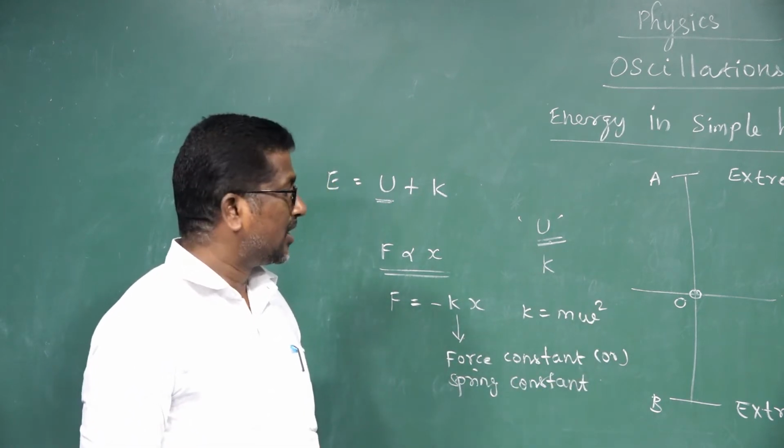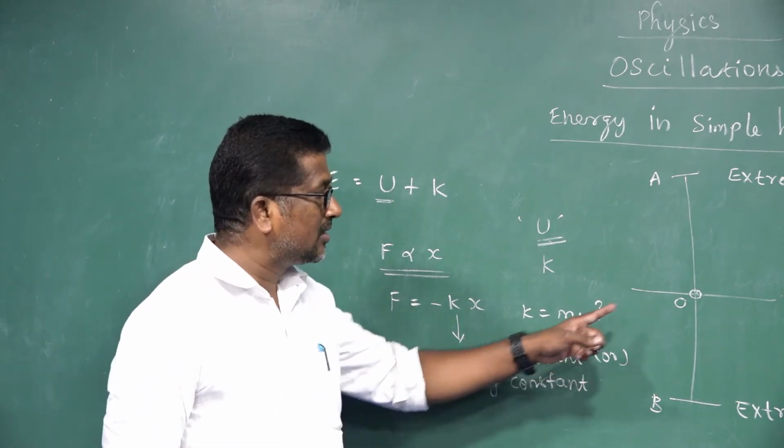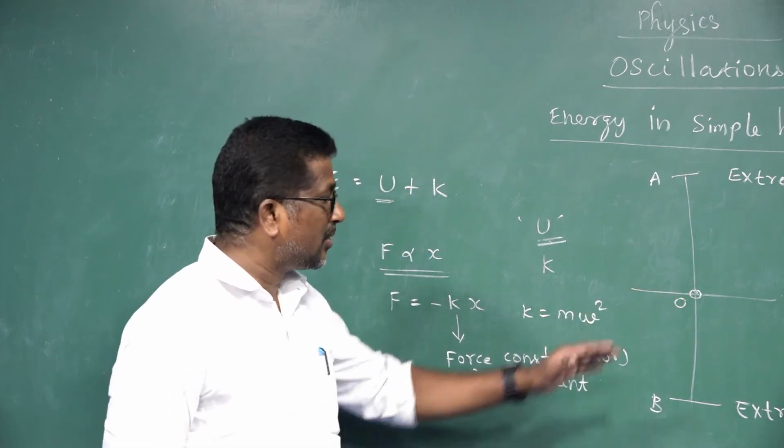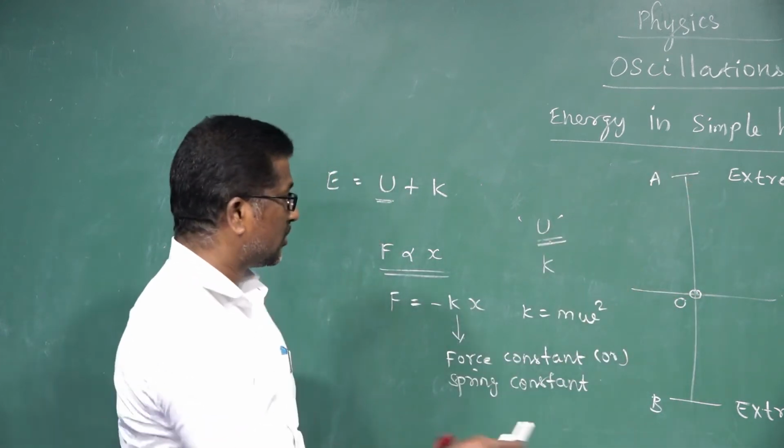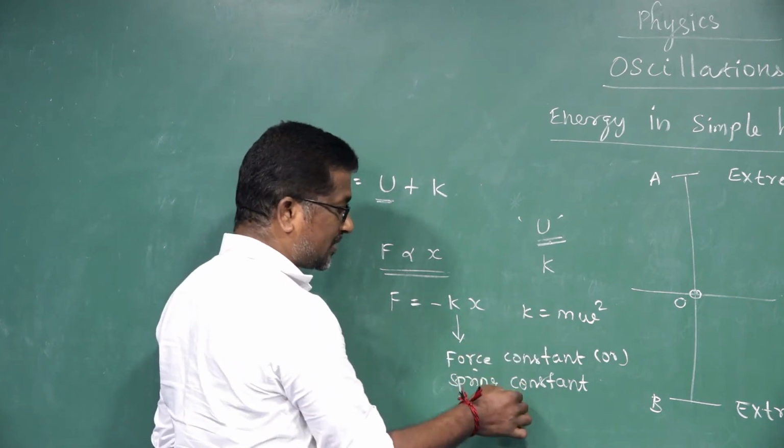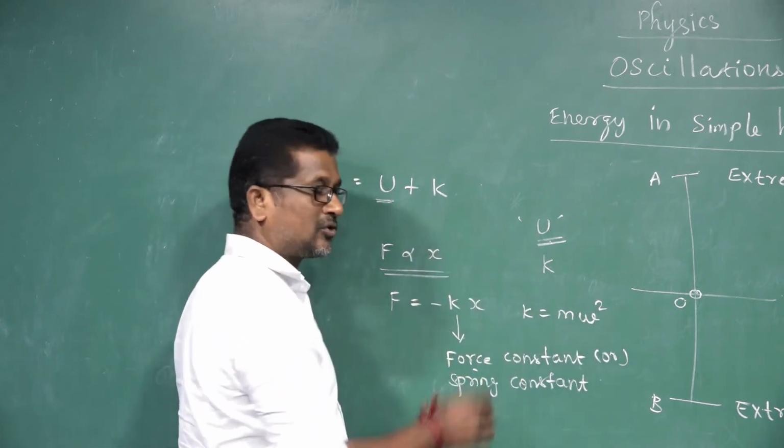These two values are constant for a given particle which undergoes simple harmonic motion. So k, the force constant or spring constant, is given by m omega square.